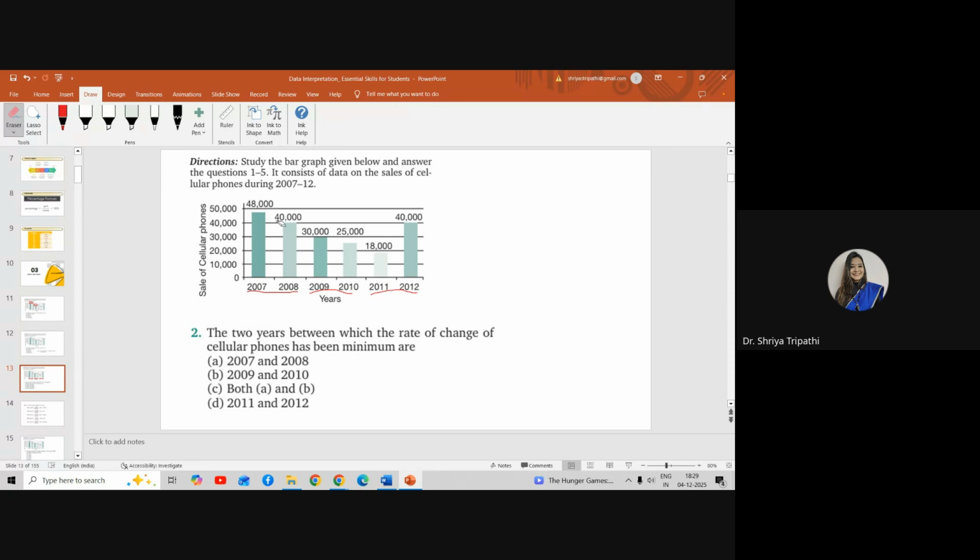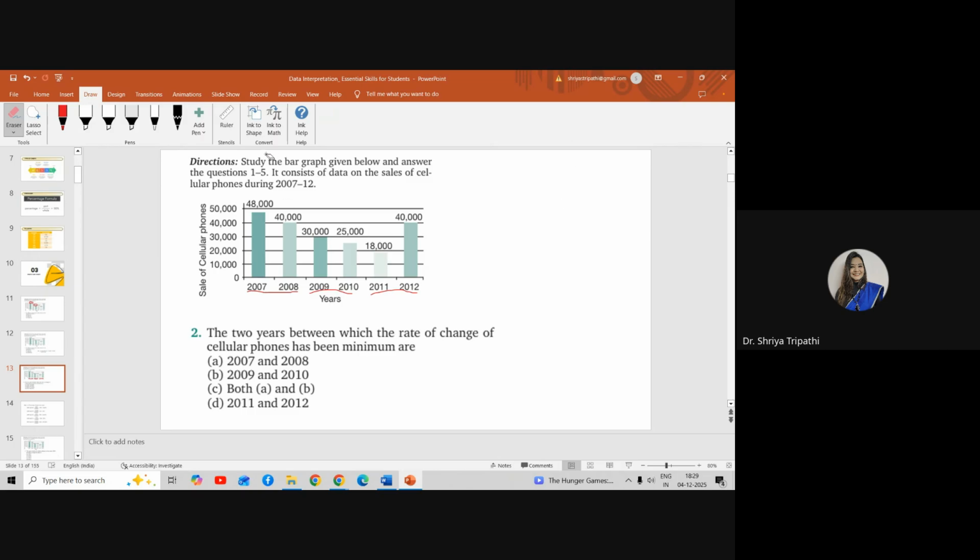Now, whenever we are taking the percentage change, it will either be an increase or a decrease. Again, it can be in a reverse formula. Say, for example, in 2007, the figure says 40,000. In 2008, the figure says 48,000. Right? So, in this particular scenario, we are seeing there is again a dip.